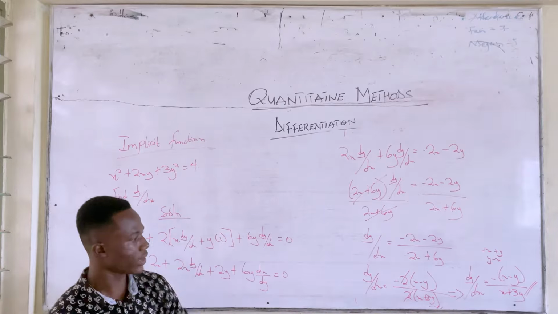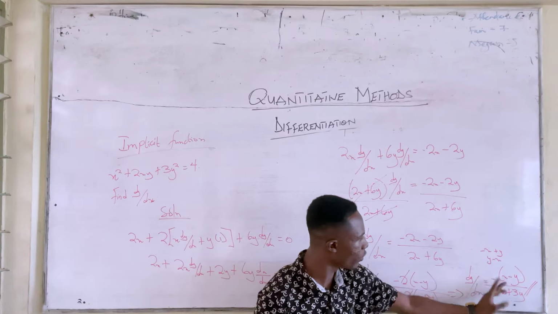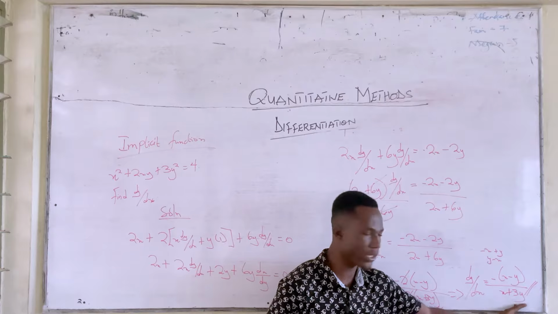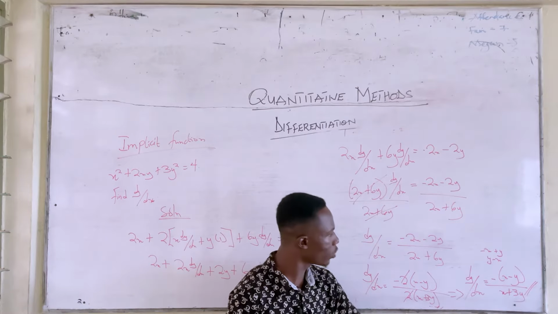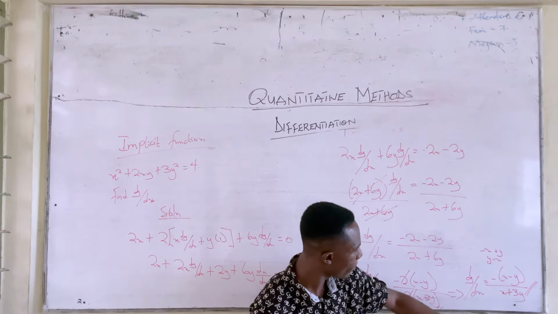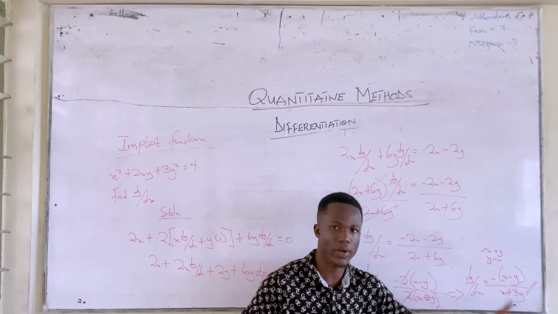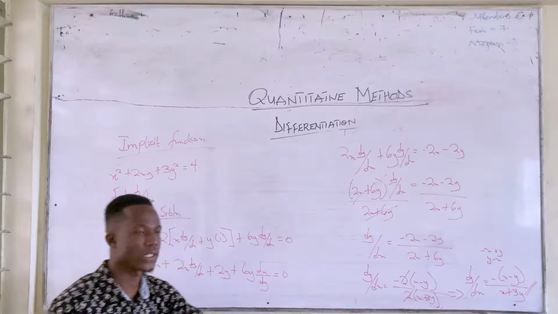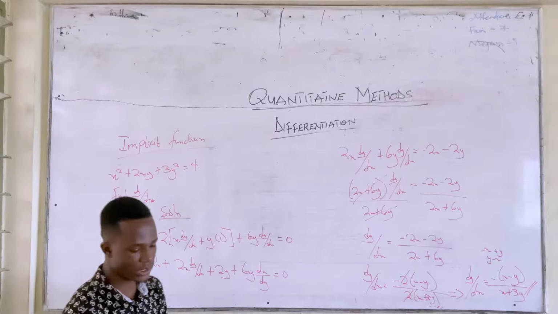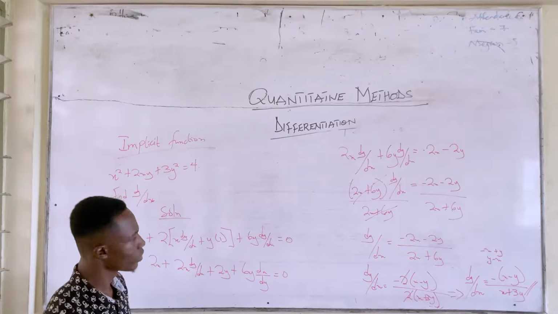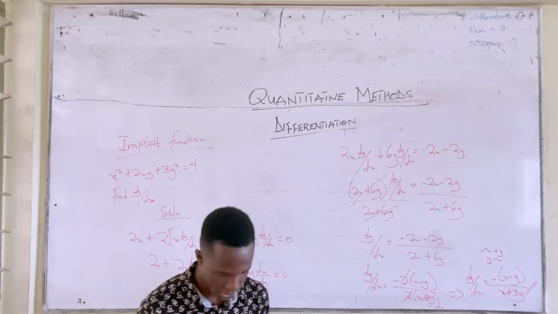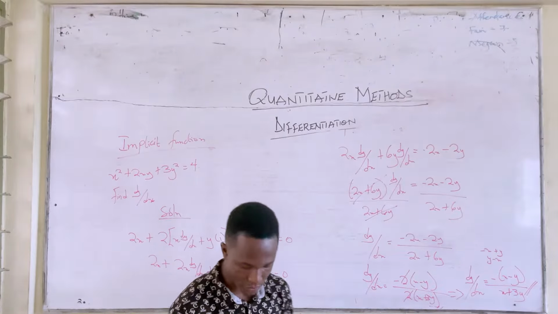Do you get it? Because in this case they can give you y minus x over x plus 3y as the final answer. You can also see negative into bracket x minus y over x plus 3y as part of the answer. Do you get it? So it depends on the options available. Okay, so that is our final answer for the implicit function.